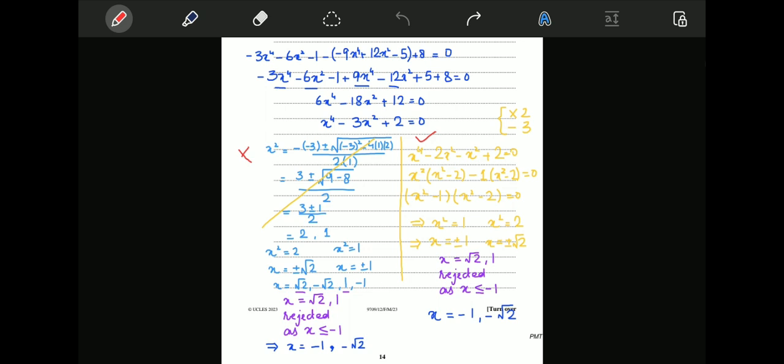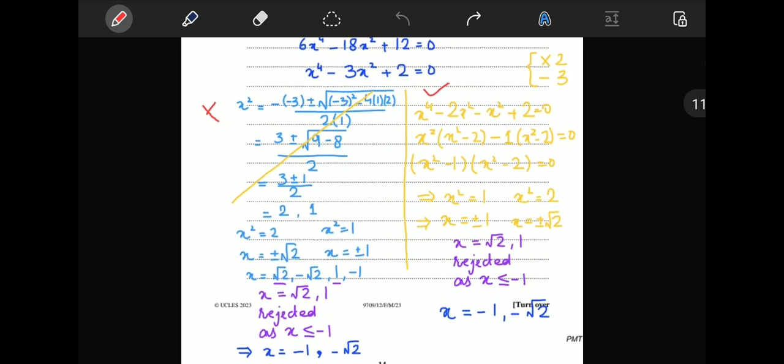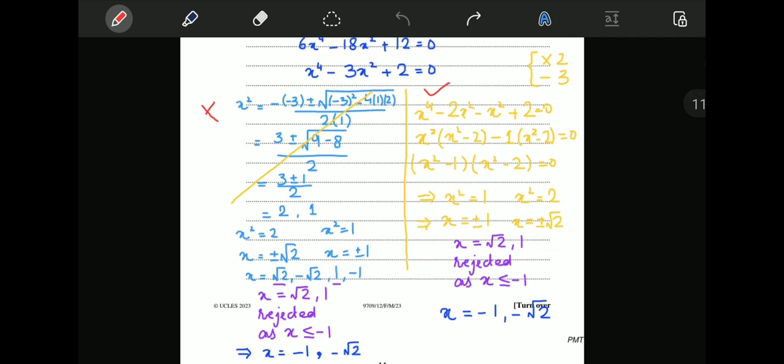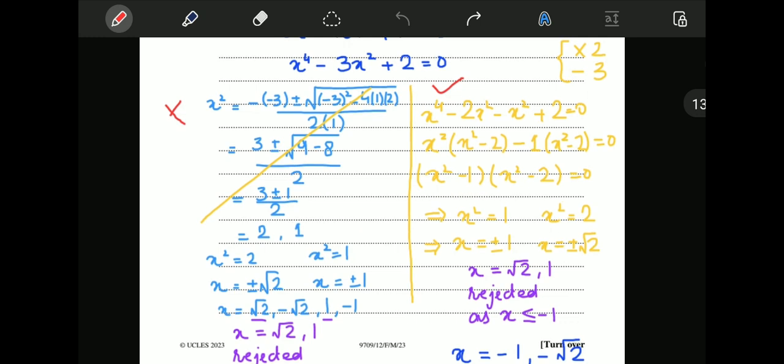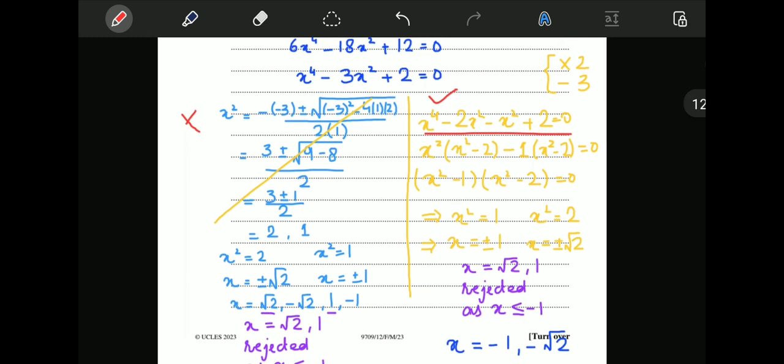So it is always preferred in P1 to use the breaking of the middle term. You will get the answers by this working as well, but it is better always in P1 to do your breaking the middle term. So do it this way: x4 minus 3x squared plus 2, that means by multiplying you should get 2x squared, and by adding or subtracting you should get minus 3.